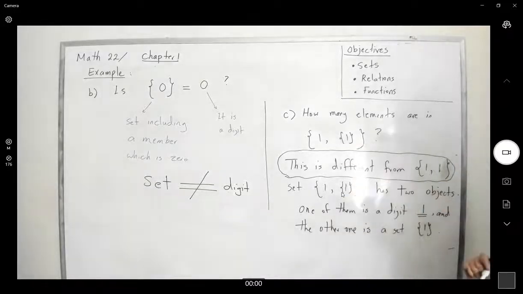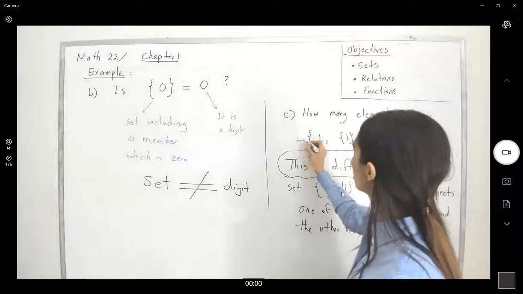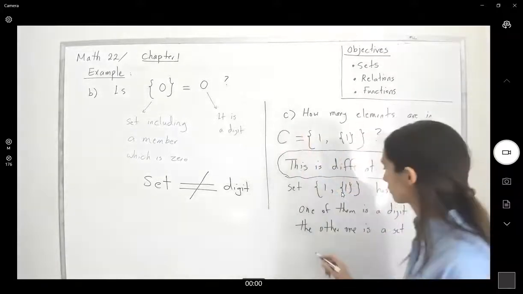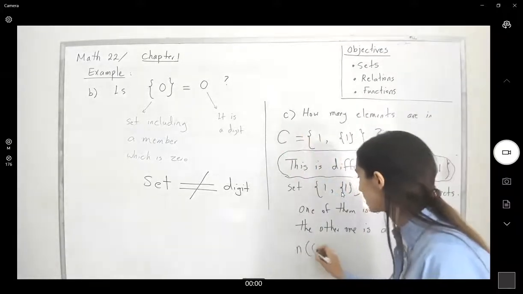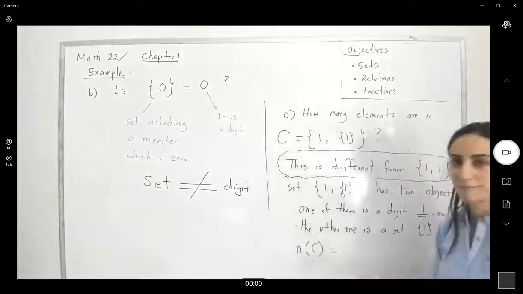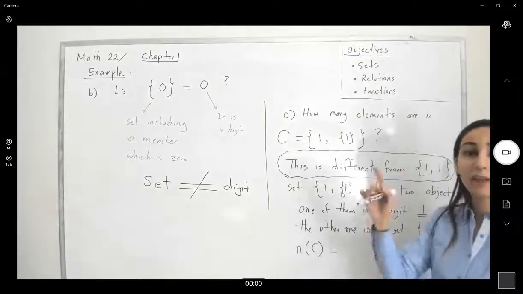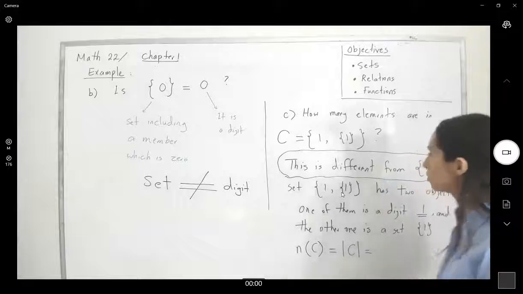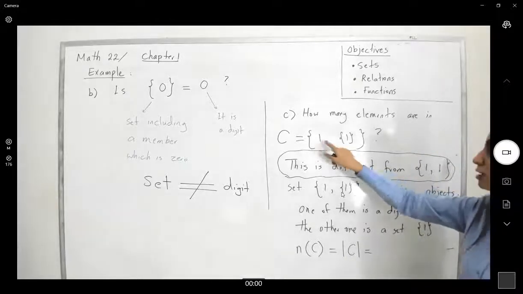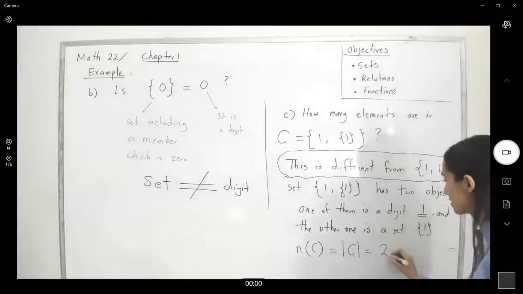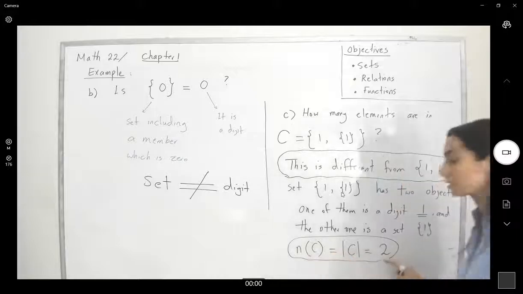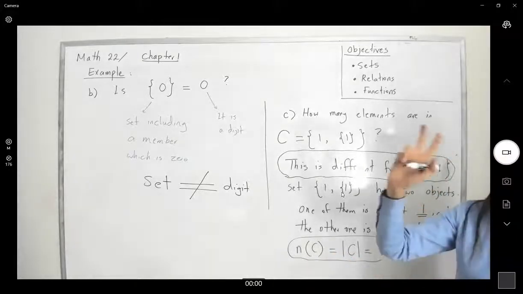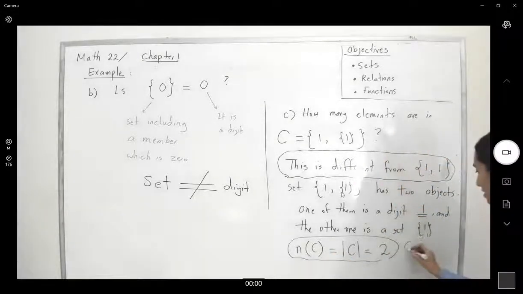So the cardinality of this set, let us call it set C, the cardinality of set C, or the other notation, absolute value of C, is equal to 2, two objects. This is a finite set with two elements. C is a finite set.